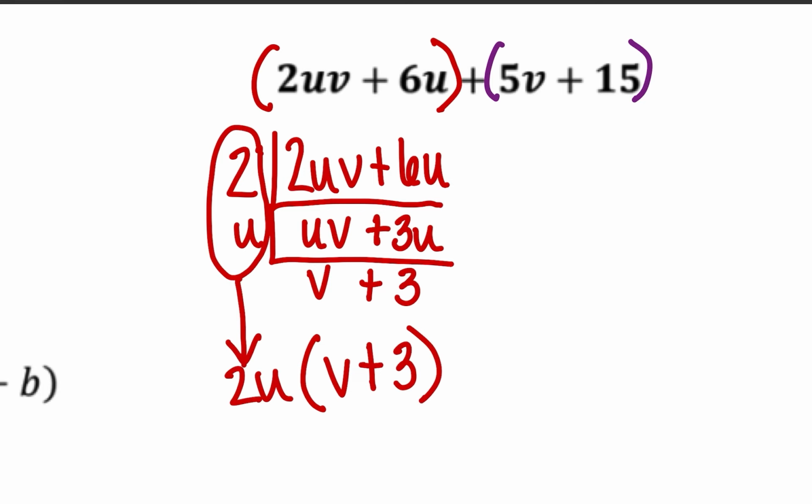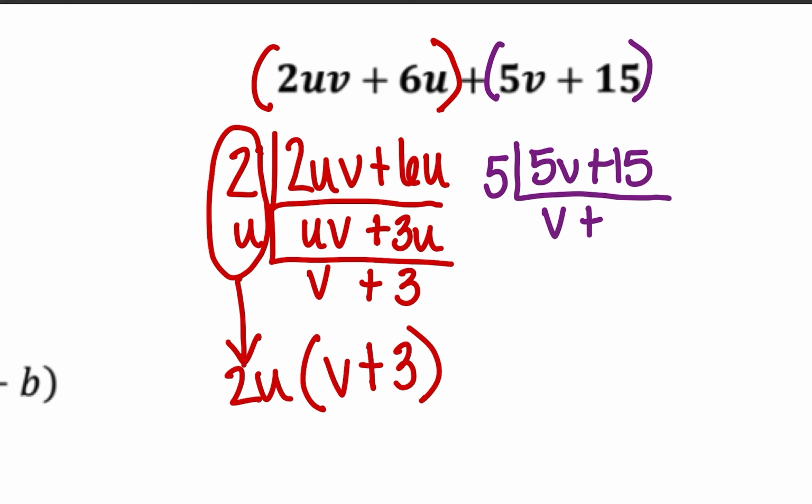So we're going to go ahead and do that with the second part of our polynomial. They both have a 5 in common, so I'm going to divide out a 5. 5v divided by 5 is v, and 15 divided by 5 is 3. So again, we don't have any common factors left, so that is our GCF.